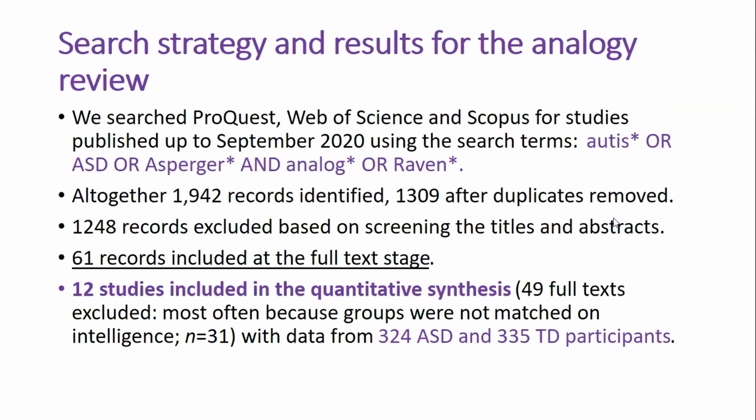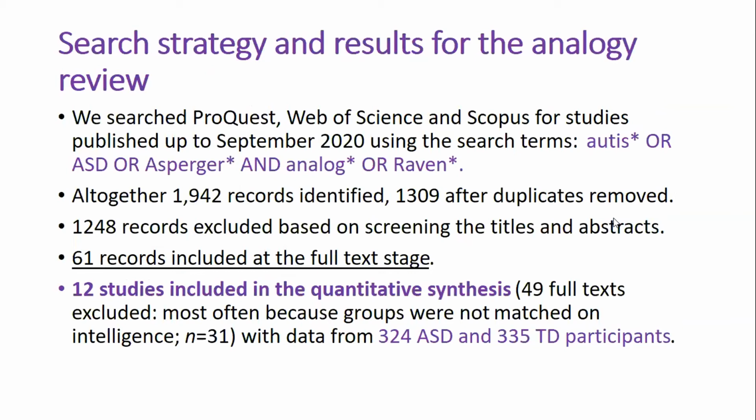And so just to give you an idea of how much work was put into looking at the literature. Basically, we identified for the analogy review, we looked for papers which combined some reference to autism with either analogical reasoning or performance on Raven's matrices.